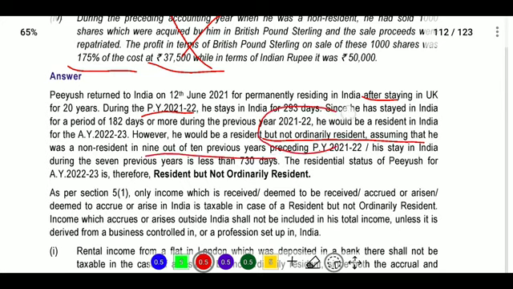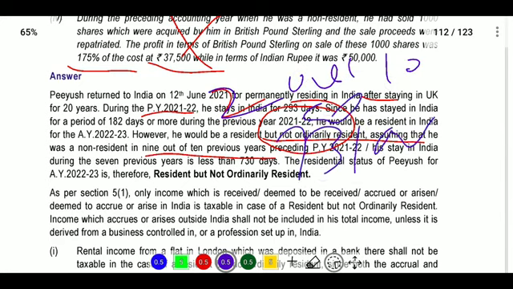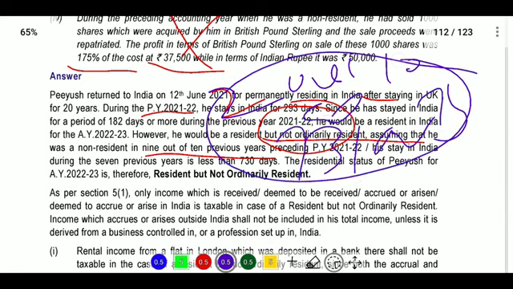So he is not treated as ordinary resident when he has not stayed 2 years out of 10 years, and 731 days out of 7 years. They write it the other way: non-resident in 9 out of 10 years and less than 730 days out of 7 years.